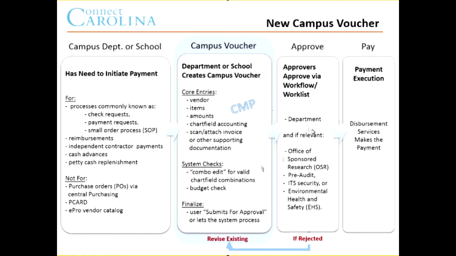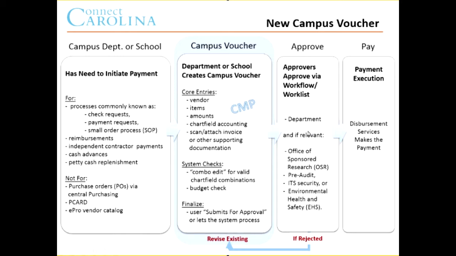Once it makes it into the approval workflow, it goes to the various approvers. Once it's approved and makes it through disbursement services, it's ready to pay. The main difference between this new process and the old process is that you don't have that intermediate step of switching from the campus voucher to the regular entry voucher.